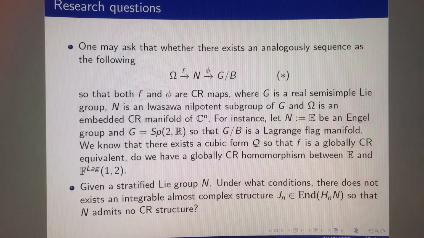For example, if we take a real semi-simple Lie group SL(5,R), that is the special linear group, and N is actually the nilpotent subgroup of SL(5,R), which admits a four-dimensional horizontal distribution because SL(5,R) has actually four simple roots. In this case, the second layer is actually only generated by three elements, and we cannot actually find an integrable almost complex structure.